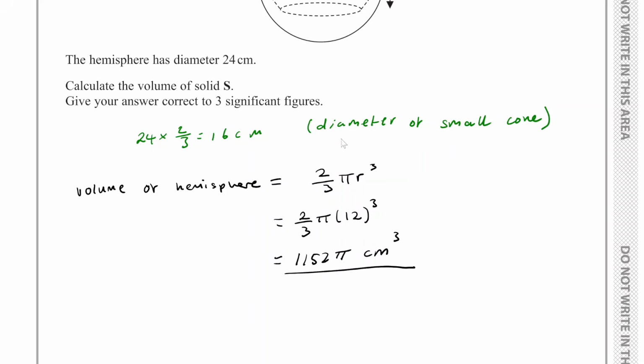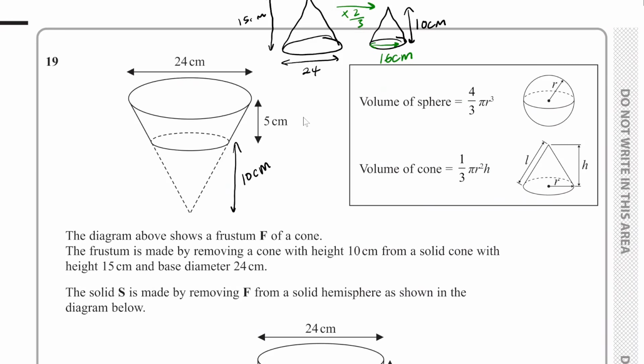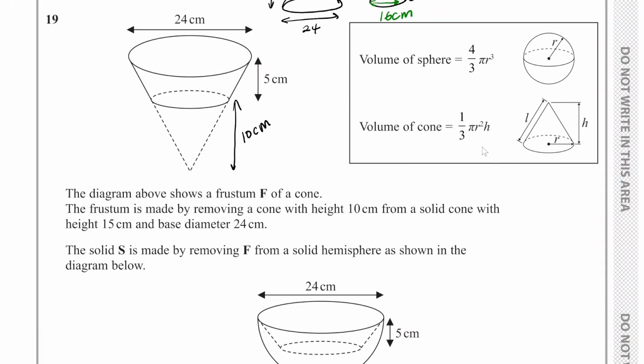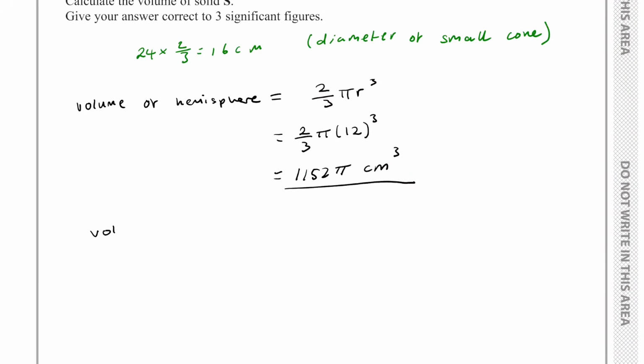Now we need to work out the volume of the frustum. So it's going to be the big cone, take away the small cone. So the volume of the cone is 1/3 pi r squared h. So volume of, let's do the big cone, 1/3 times pi r squared h.